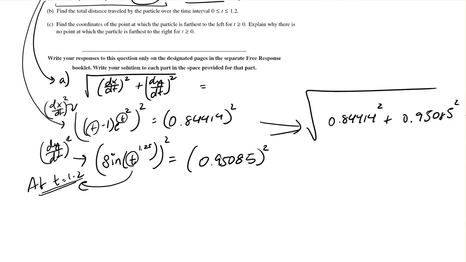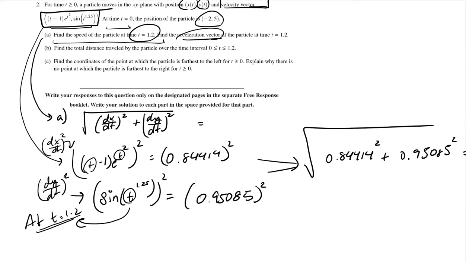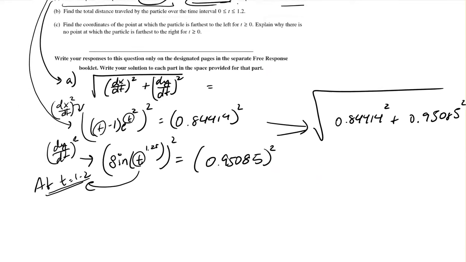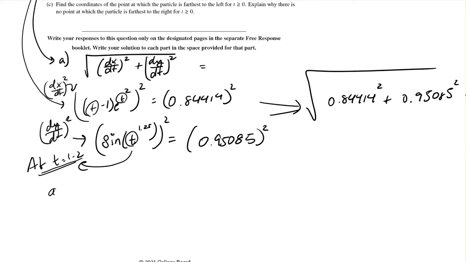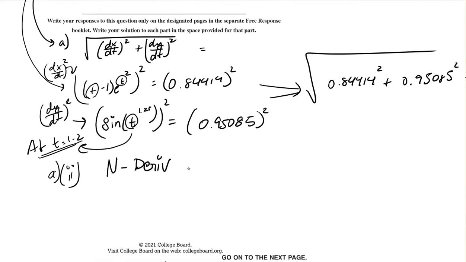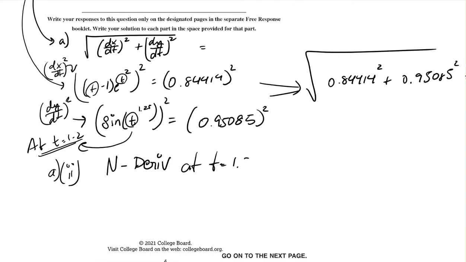The second part is, find the acceleration vector of the particle at time t equals 1.2. Remember that you have your calculator given to you. So what you can do is use nDeriv in your calculator at t equals 1.2.